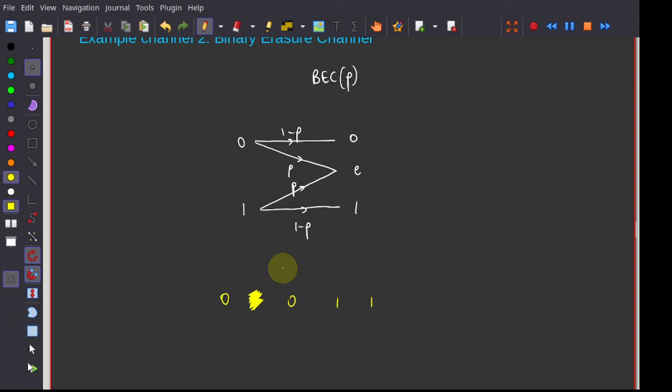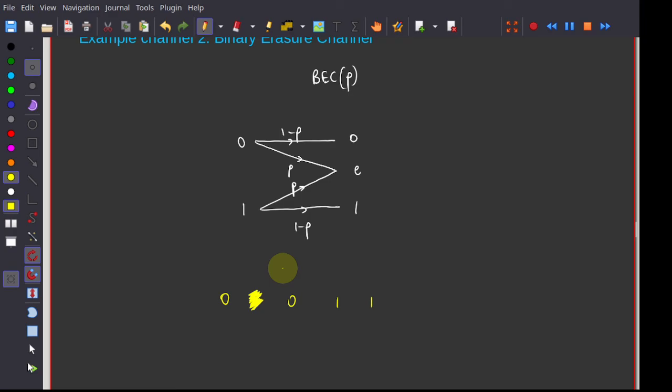Roughly 100 times p, right? And the same thing happens here. Because noise is completely independent across bits, you would expect to see roughly n times p erasures. Not too much more than that, not too much less than that. So that's a very nice property of random noise channels, that there's a certain typical behavior that you can associate with these channels.